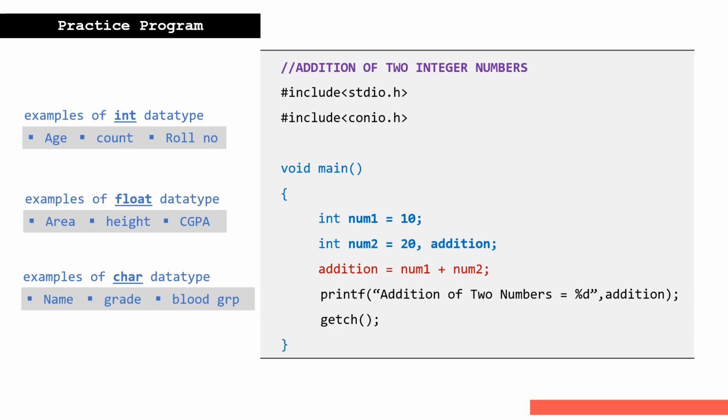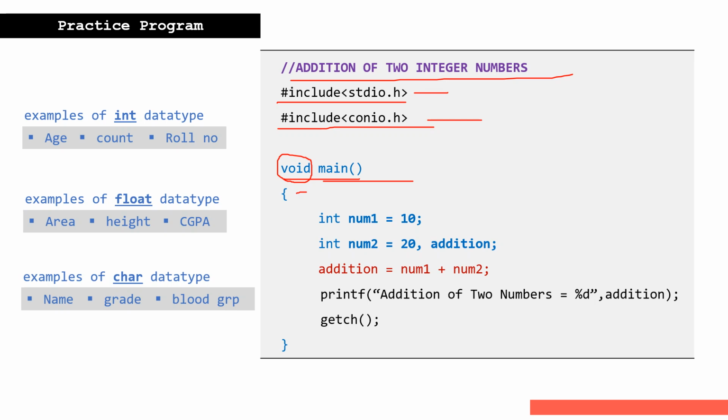So let us see a program which adds two integer numbers. I have included stdio.h and conio.h, standard input output dot h and console io dot h. Then void main, where void is the return type and main is the function name. Here the main function will start.